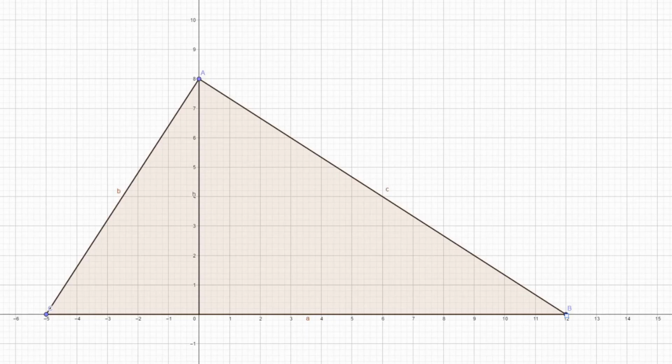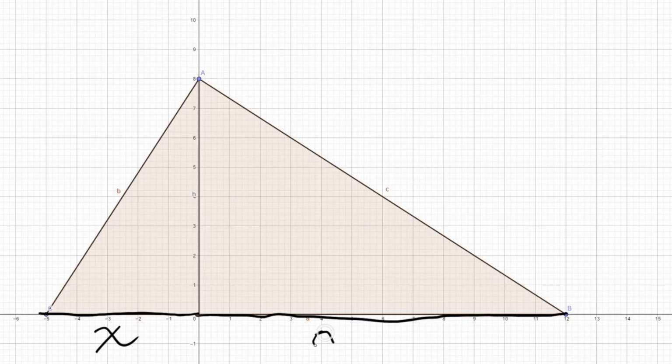The whole reason we add cosine into this equation, and I'll just redraw our x and our a. We said before that this line segment would equal x, and this line segment right here is equal to a minus x.